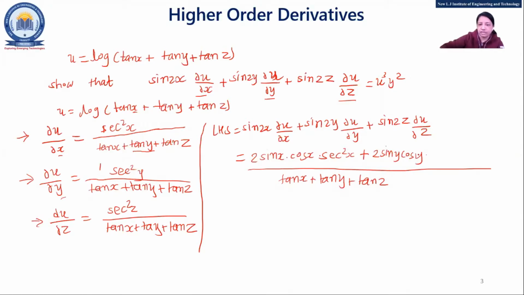And the denominator is the same for all. So that I have already written, sec square y. Plus for z, it can be written as 2 sine z cos z into sec square z. Now what is the answer for this?